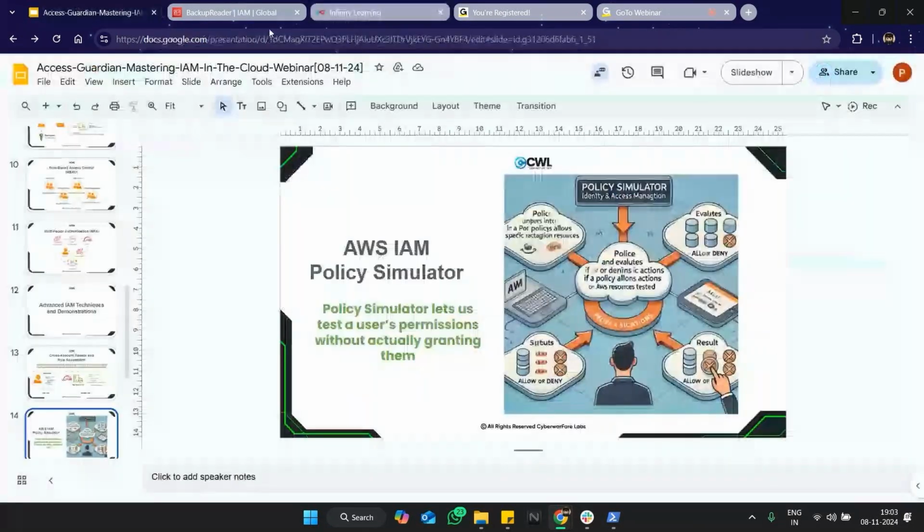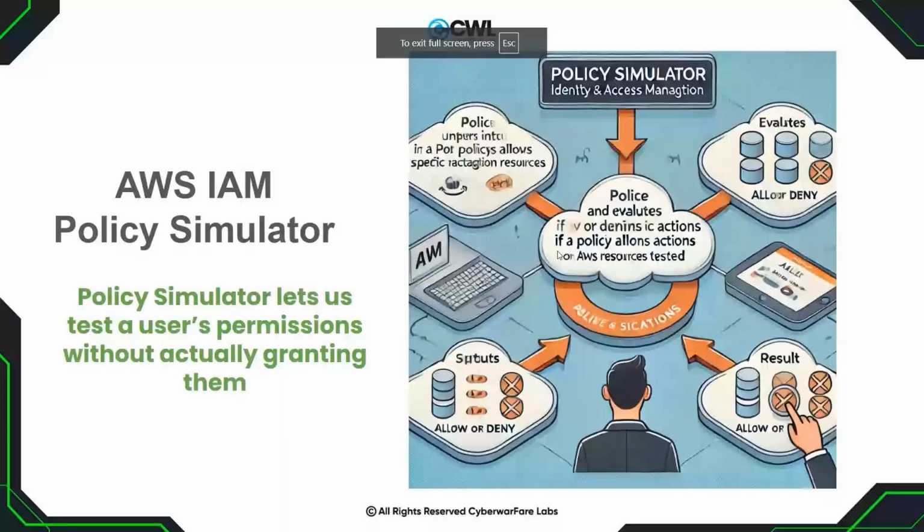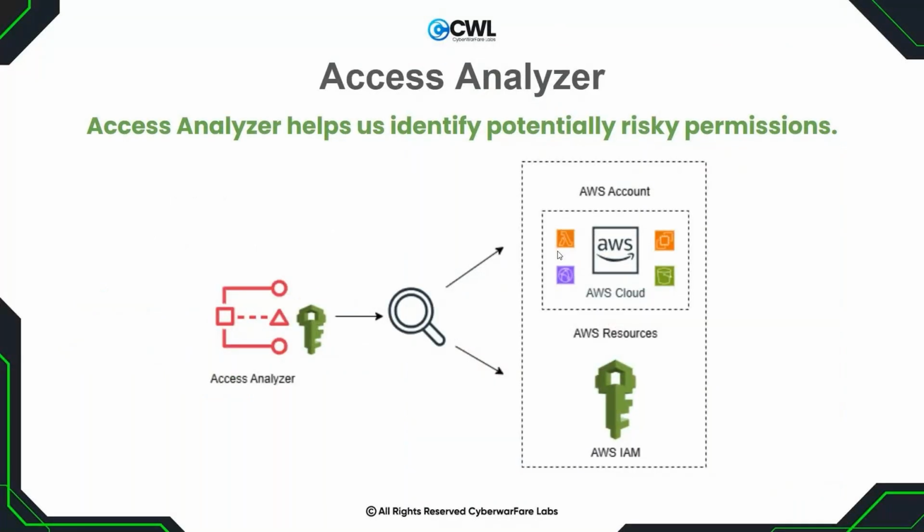Okay, let's move forward to the next part, which is the Access Analyzer. This is the last practice, or last tool, that we'll be seeing in our webinar. So IAM Access Analyzer is another powerful tool in AWS that helps identify and monitor resources in your environment that are accessible from outside of your AWS account.